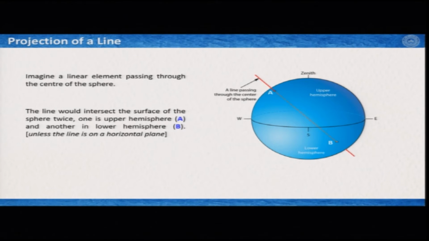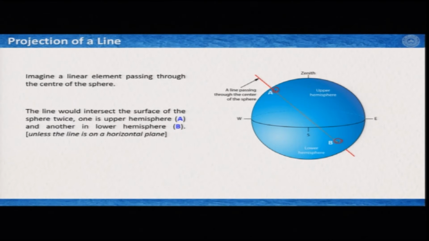The fundamental of plotting a line in the stereo net is that you have a line which is inclined, and you have to pass this line through the center of this sphere and also through the center of this primitive circle or projection plane. If you do that, then the line would intersect the surface of the sphere two times, one at the upper hemisphere, which is point A here, and one at the lower hemisphere, which is point B here.